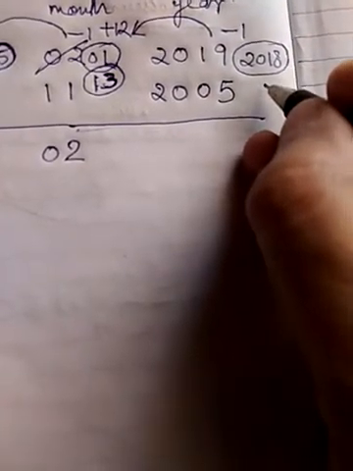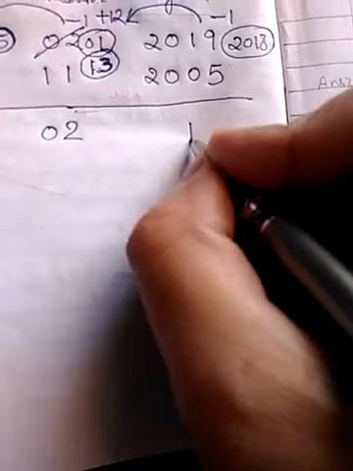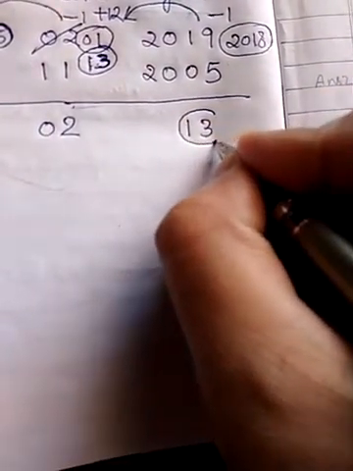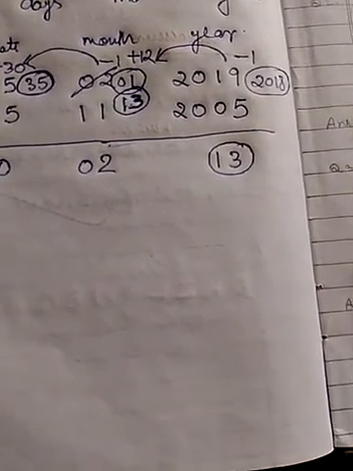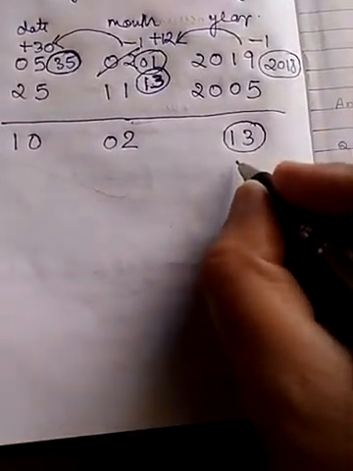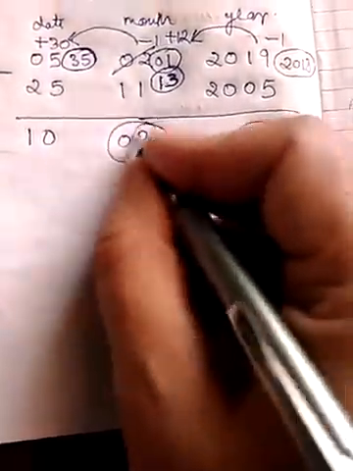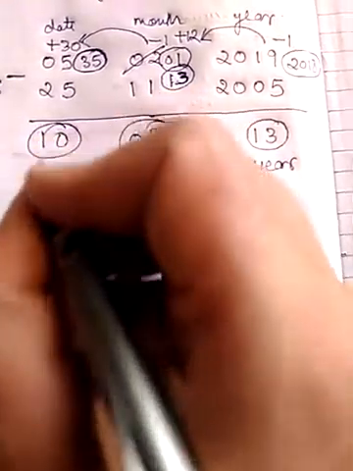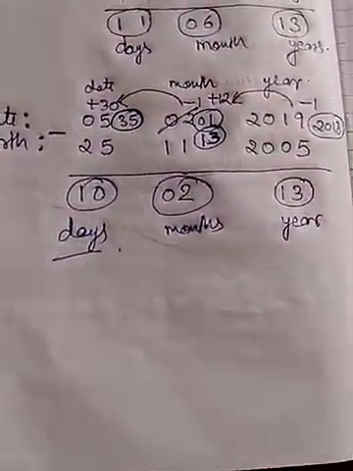Here 2018 minus 2005, it is 13. So we can say that the user is 13 year, 2 month and 10 days old.